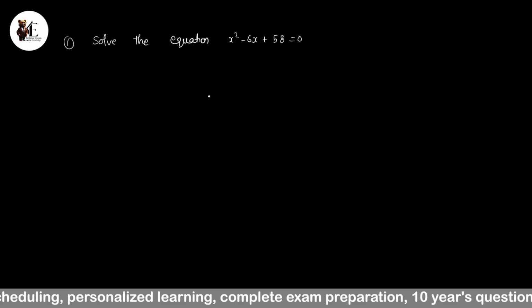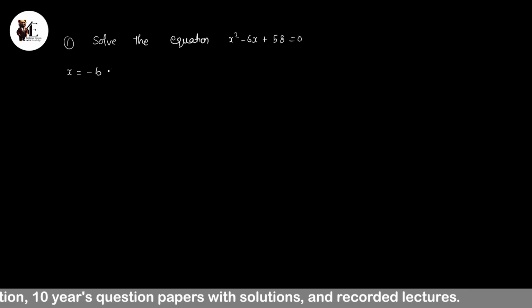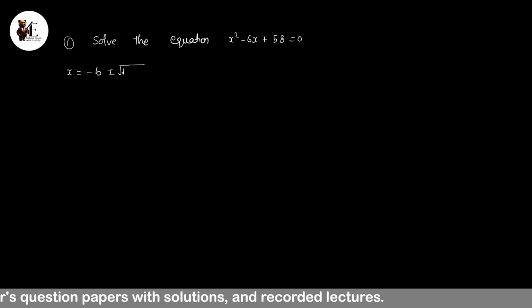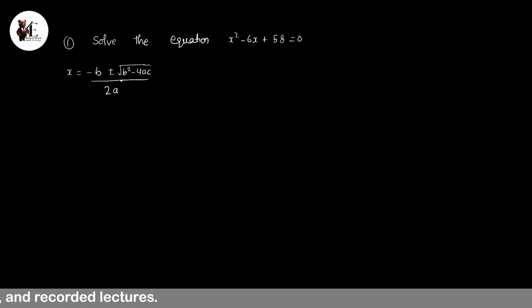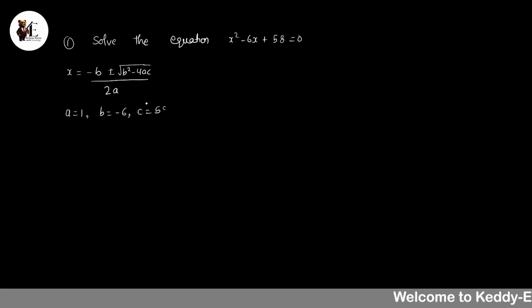Since it is a quadratic equation, I'm using the quadratic formula. The formula is x equals minus b plus minus square root of b square minus 4ac over 2a. So a is the coefficient of x square, that is 1, b is negative 6, and c is the constant term, that is 58.